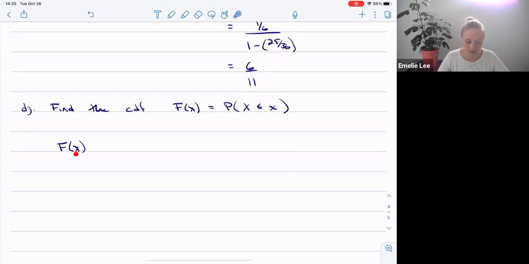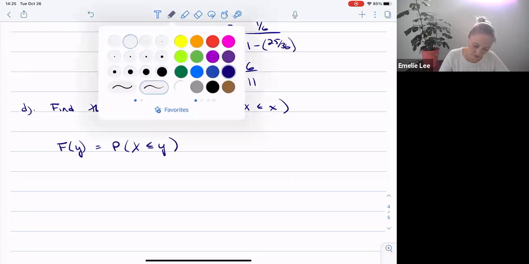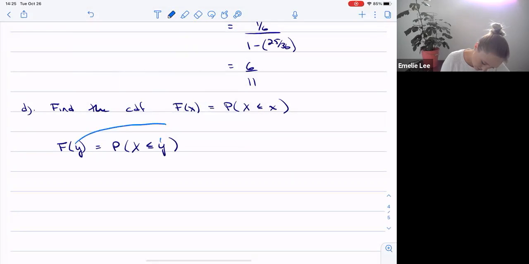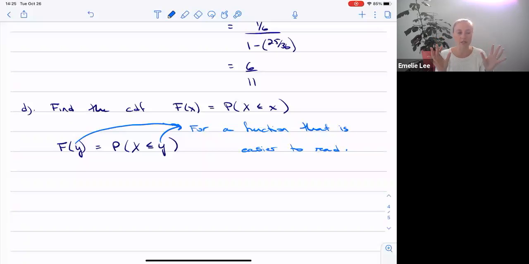And so maybe what I'll do is I'll change this to a Y. F of Y is the probability that X is less than or including or up to some Y. These are for a function that is easier to read. You could use X, but you'd have to keep them all separate.